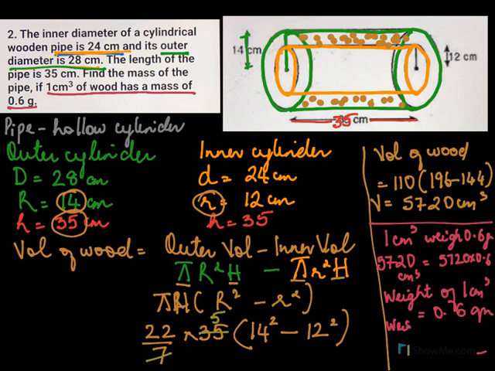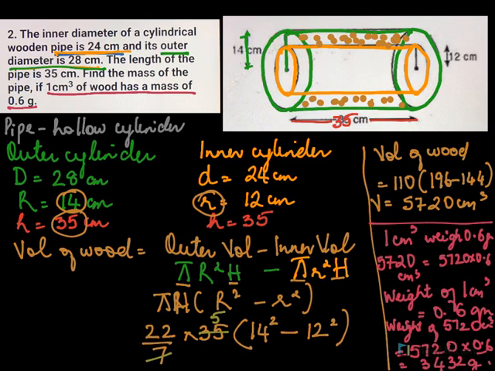Therefore, weight of 5720 centimeter cube will be 5720 into 0.6 grams. And here the answer comes as 3432 grams.